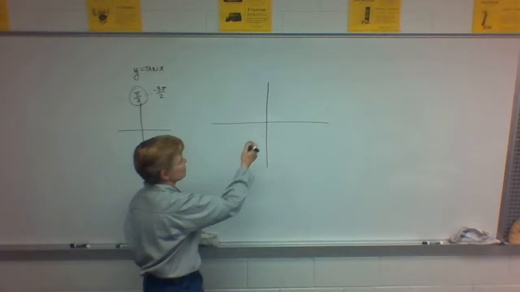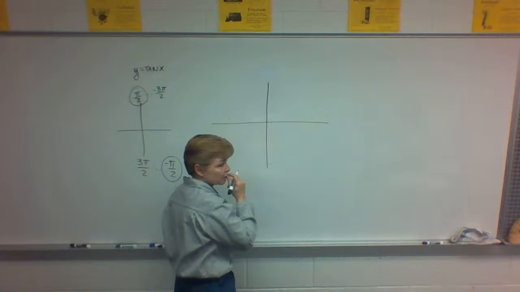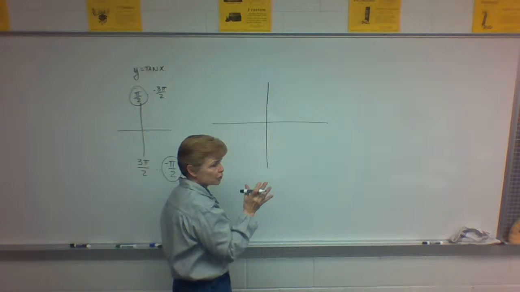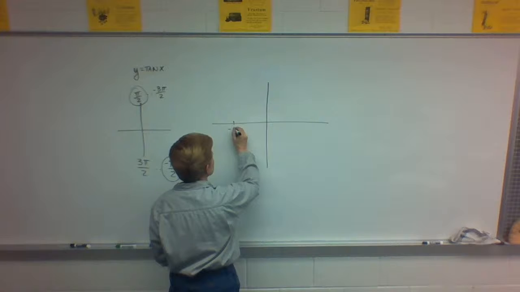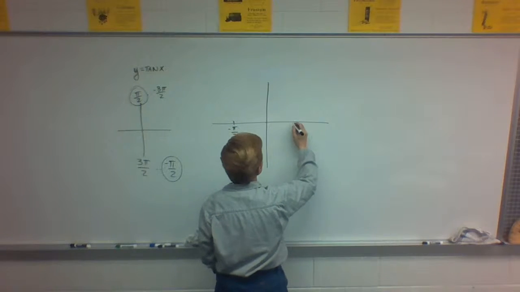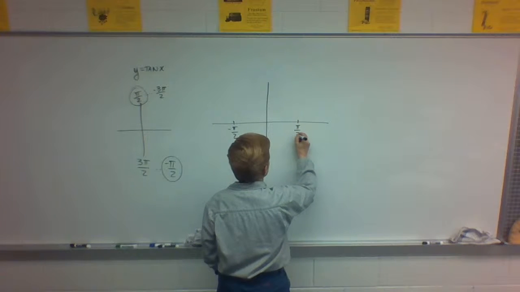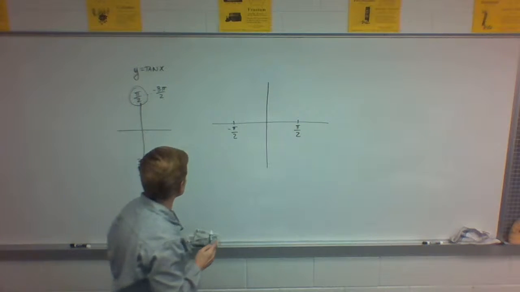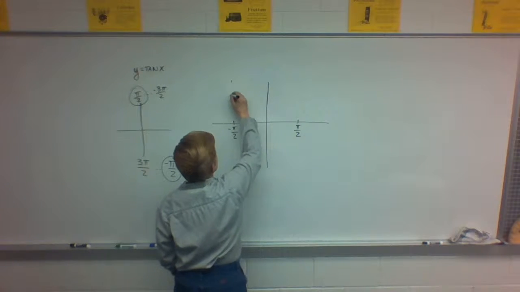That way I can get a distance over here and a distance here and have the origin in the middle. That's what I'm doing. I'm trying to straddle the origin. Are you with me? So I'm going to put a negative pi halves here. That's what it would be if this is your axis with the angles on it. And another one, the same distance over here at pi halves. And because we know that tangent is undefined at these two locations, I'm going to put asymptotes in my graph.